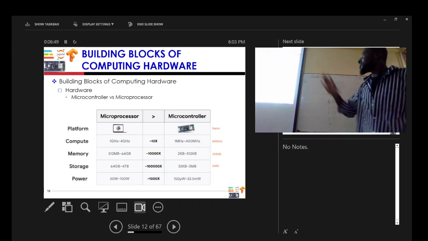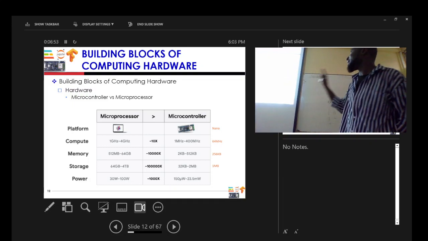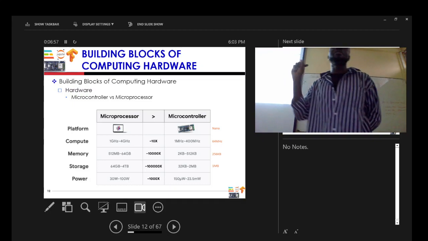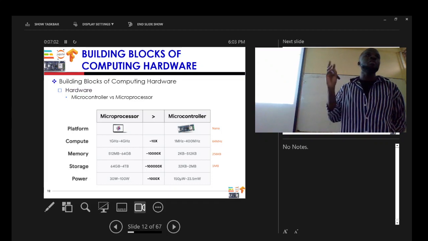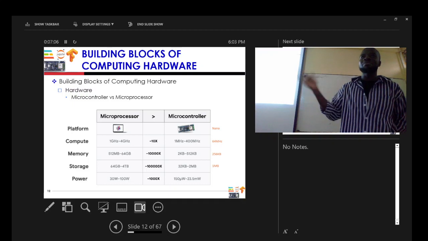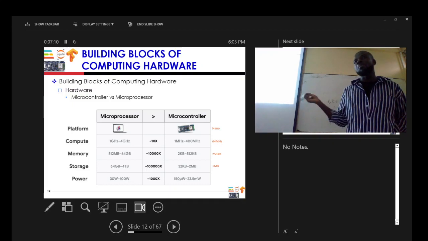Okay, so now let's put some kind of figures to the microcontroller and then the microprocessor. We know that for compute, in terms of frequency, or speed, the microprocessor always has higher. If you check your laptops, they run from probably 1 gigahertz to about 4 gigahertz.